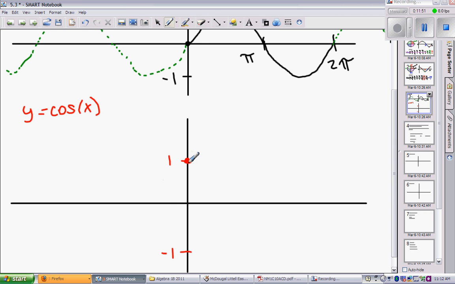Until we hit our peak value, and then it's going to start coming back down.